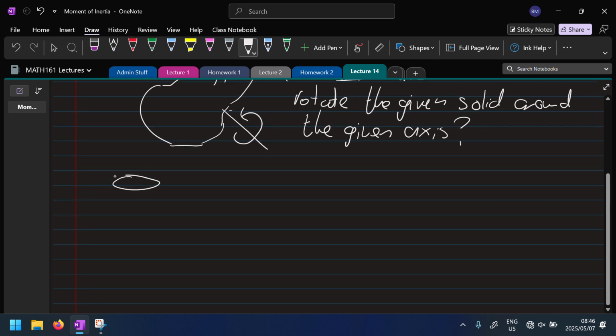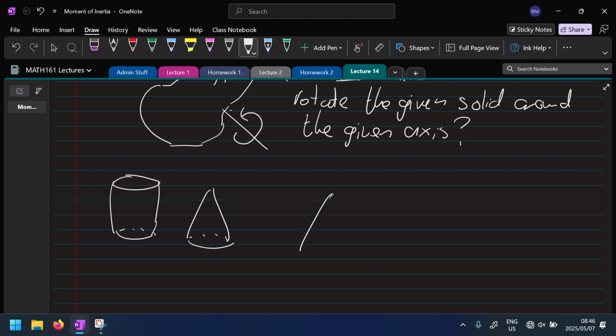Different solids will have different moments of inertia just because of their shape, but choosing different axes will also give you different moments of inertia. For example, a cylinder rotated around the central line will give you some moment of inertia. If you pick a different axis with the same solid, you will get a different moment of inertia.